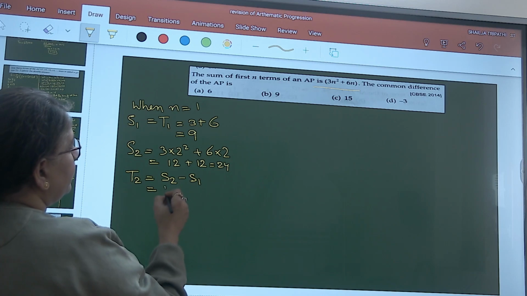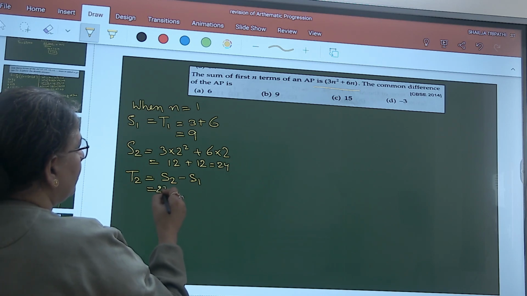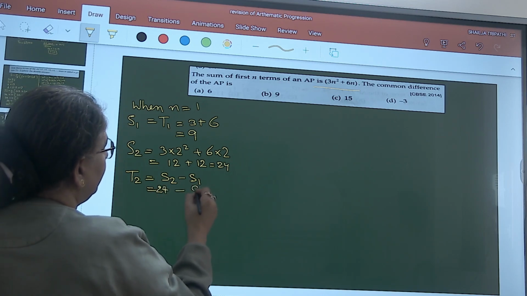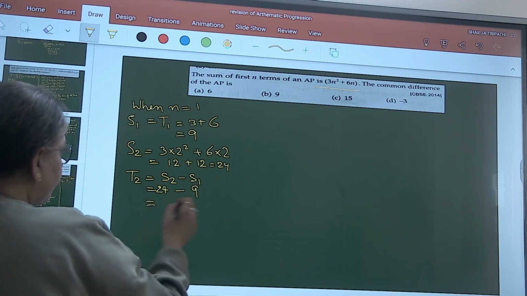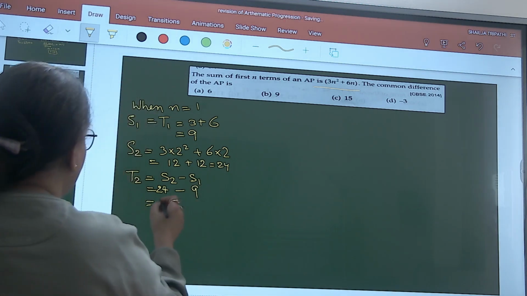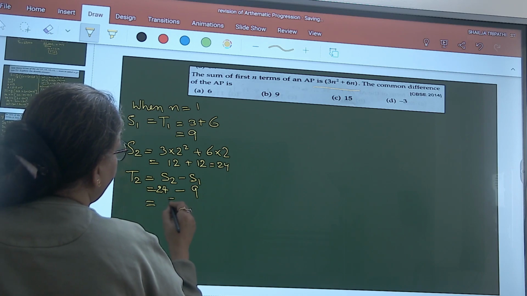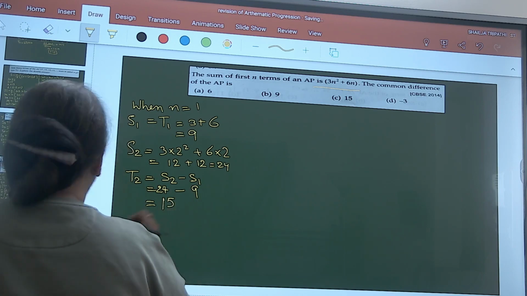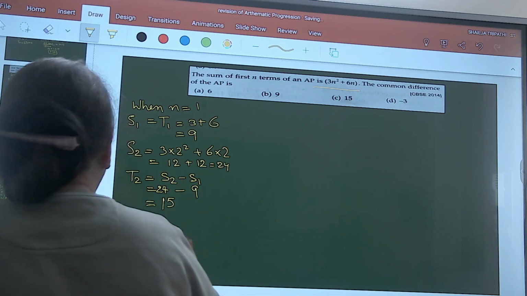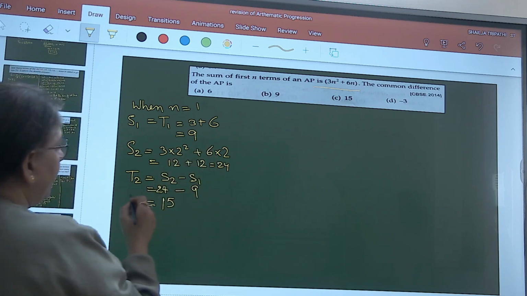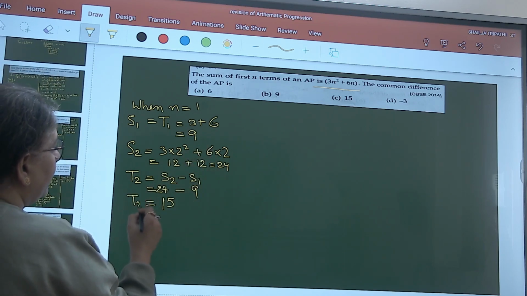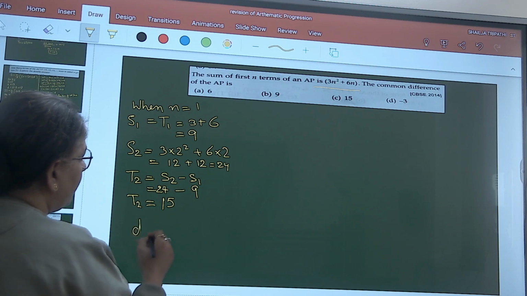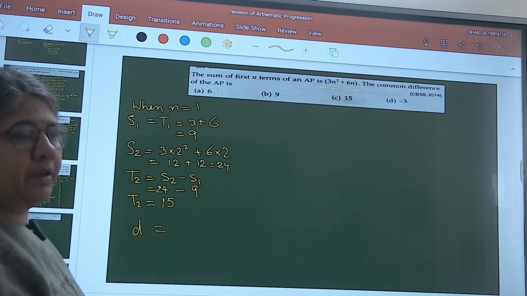So this is 24 minus 9. So you get 15. So the second term is 15. T2 is 15.